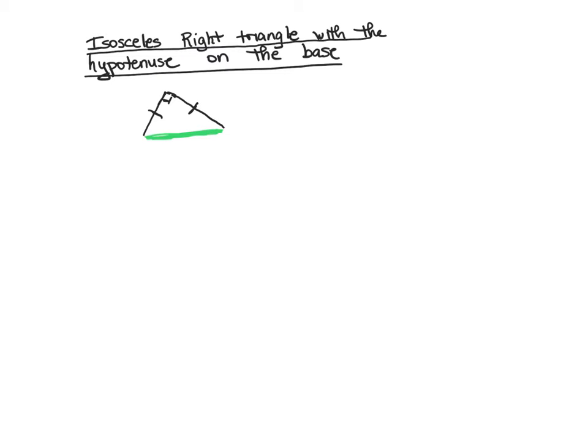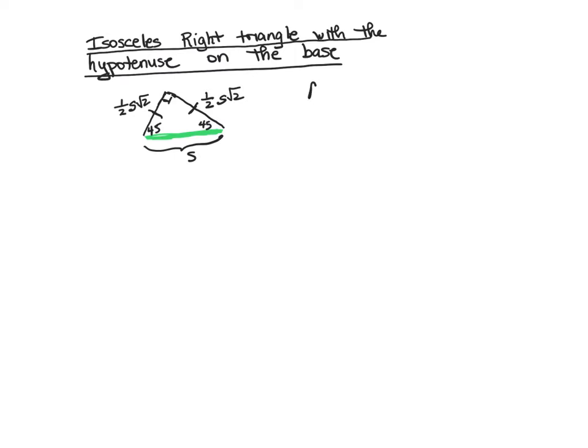Okay, so this one's interesting. This is the base. So now we have to think about how to represent the legs of this isosceles right triangle in terms of S. Well, that's just 1/2 the hypotenuse times the square root of 2. Let's not forget the square root of 2 there.